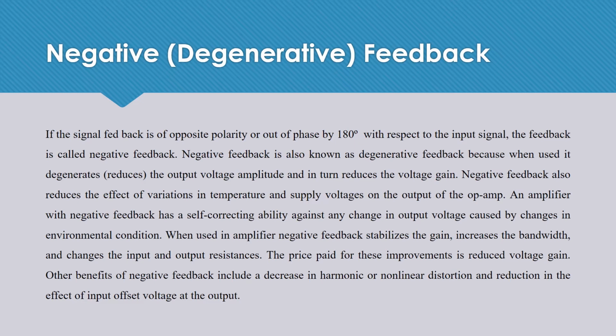An amplifier with negative feedback has a self-correcting ability against any changes in the output voltage caused by changes in the environmental conditions. When used in an amplifier, negative feedback stabilizes the gain, increases the bandwidth and changes the input and output resistances. The price paid for these improvements is the reduced voltage gain.